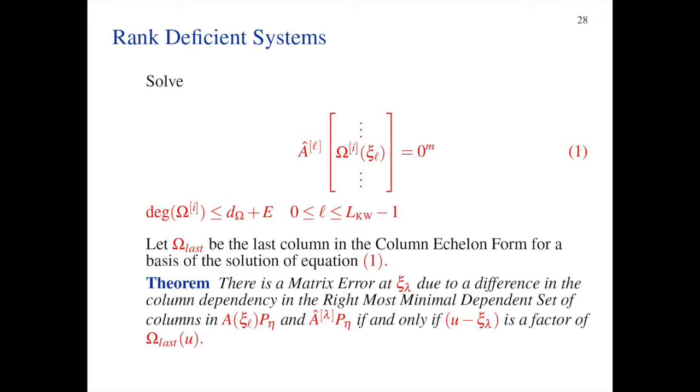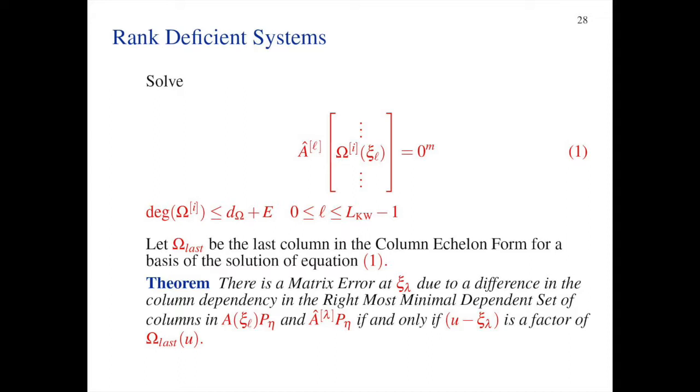So the first thing I will do is solve the homogeneous system in order to recover those columns where there's some linear combination in A that is not in A hat.